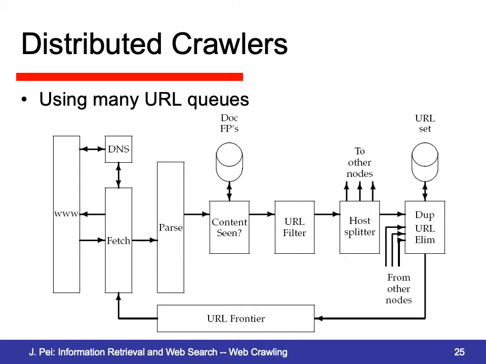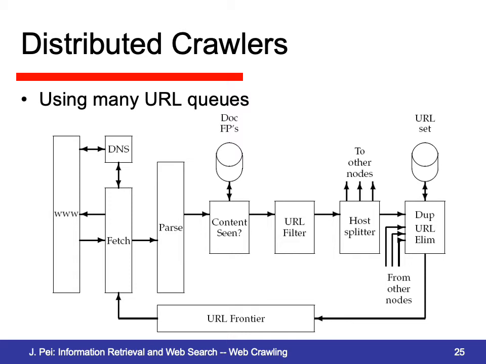Distributed crawling is pretty much similar to crawling using one computer, except that now we have multiple computers, multiple nodes, to conduct the crawling. The idea is to replicate the flow of a similar figure we saw before at each node, with one essential difference.